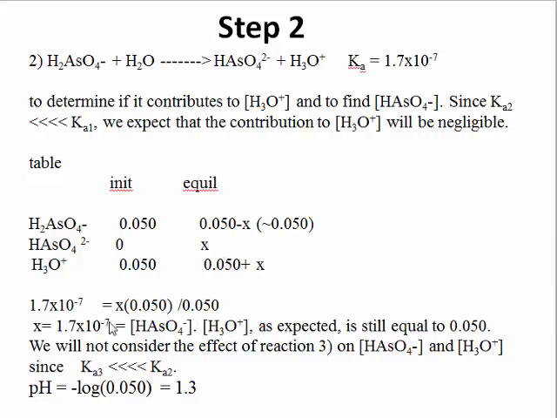Solving for x in this case, we get 1.7 times 10 to the negative 7, which is HAsO4. Proton concentration as expected is still equal to 0.050. We do not need to consider the effect of reaction 3 on HAsO4 minus and the proton concentration, since Ka3 is much smaller than Ka2. And we calculate a pH of 1.3 for this solution.